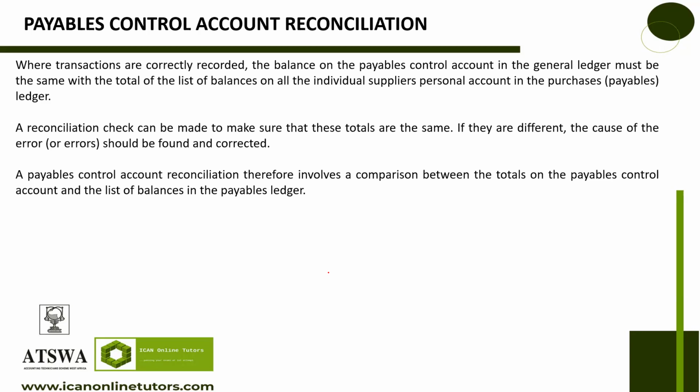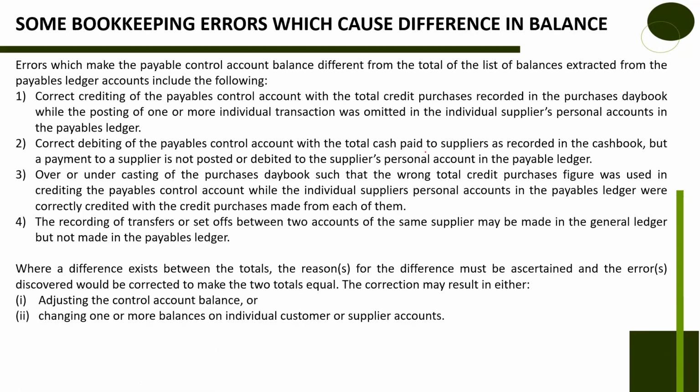If the totals we get here correspond with the totals from our individual suppliers account, then we are good to go, right? And in a situation where they do not correspond, we have to check and find out why the balances do not correspond and make the necessary adjustment. What are some of the errors that may cause the difference in this balance?